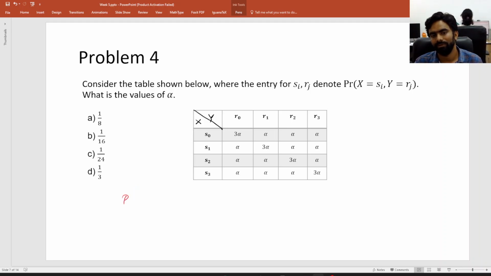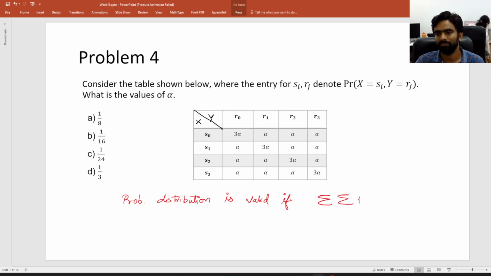So one thing I will write: any probability distribution is valid if the sum of all the probabilities should be 1.